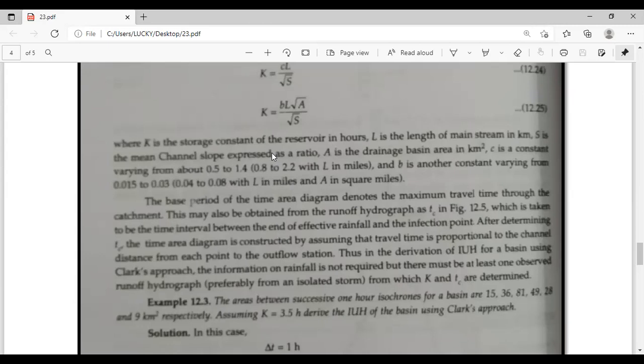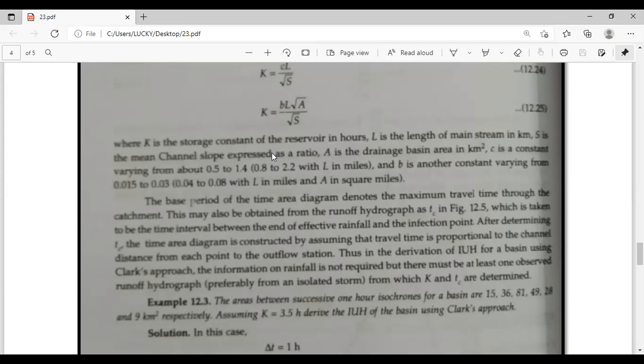After determining Tc, the time area diagram is constructed by assuming that travel time is proportional to the channel distance from each point to the outflow station.